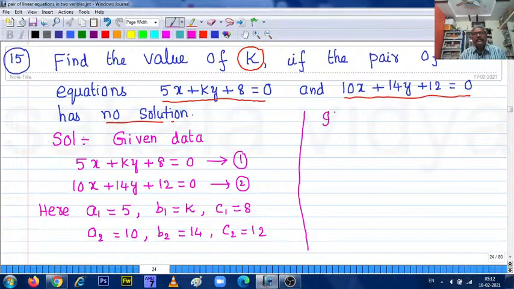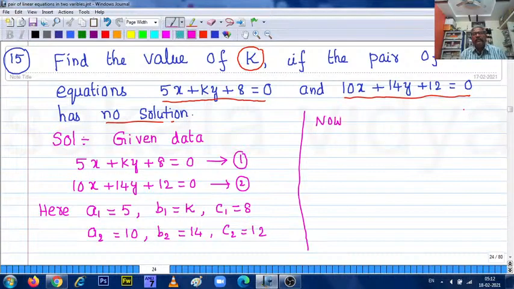It has no solution means the condition is that a1 by a2 equals to b1 by b2. Otherwise you find a1 by a2, b1 by b2 also, after that you can write it.